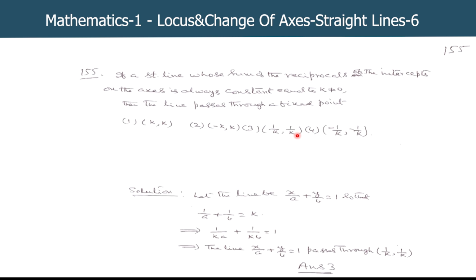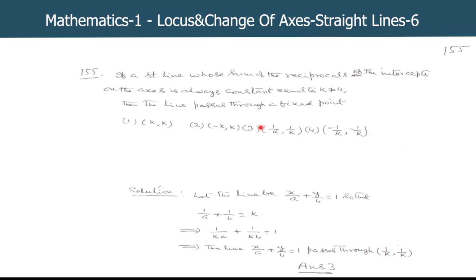The intercepts are a and b, and by hypothesis the sum of the reciprocals, that is 1 by a plus 1 by b, is equal to k, or 1 by ka plus 1 by kb is equal to 1. That means x by a plus y by b is equal to 1 passes through 1 by k comma 1 by k. So the correct option is option 3.